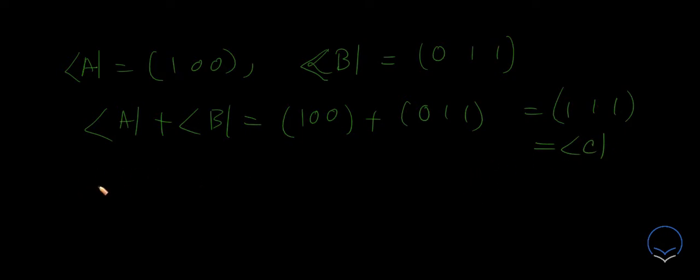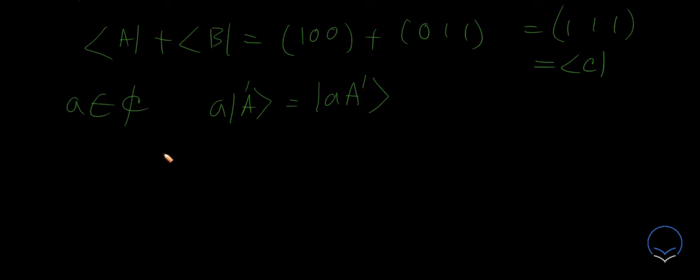And for scalar multiplication, let's say a is some scalar that belongs to, in general, any complex number. So a times capital A prime, this is just another ket vector, is the same as small a times capital A prime. How can we see this?